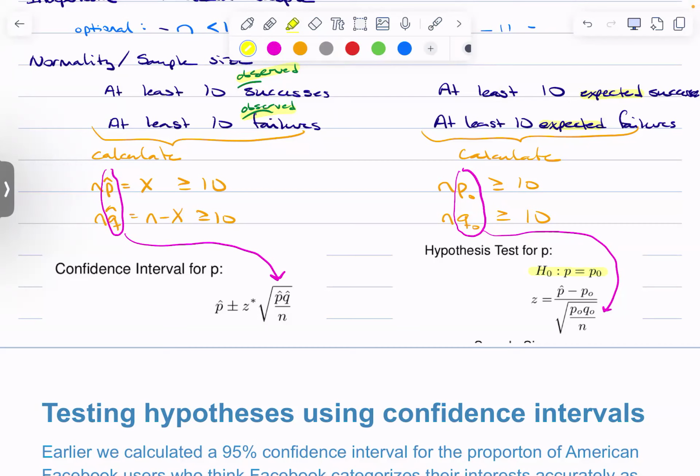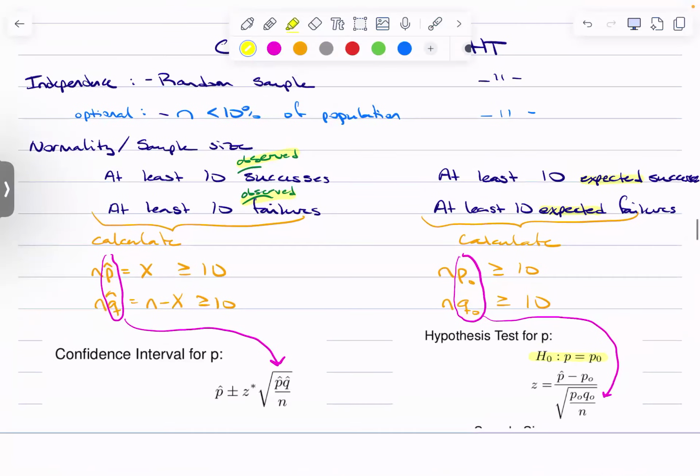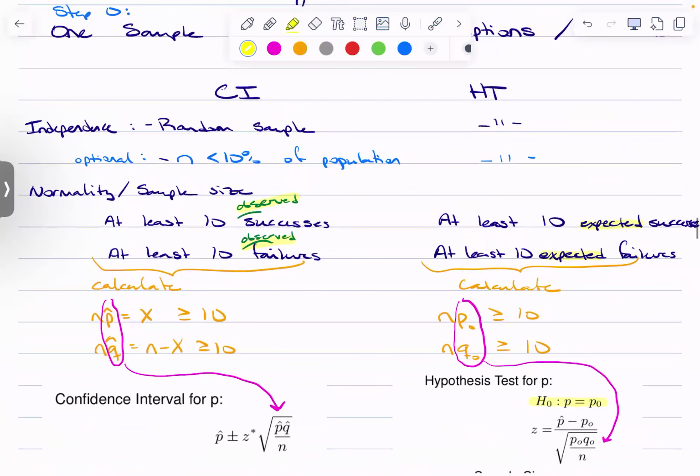Right. So we need that null hypothesis, at least kind of in rough form, before we can check the conditions. And that's what you need to check.